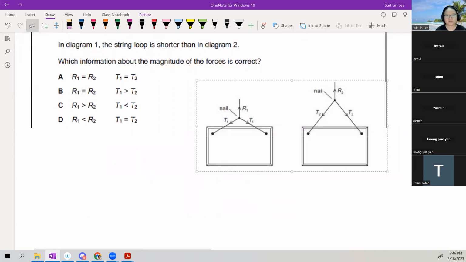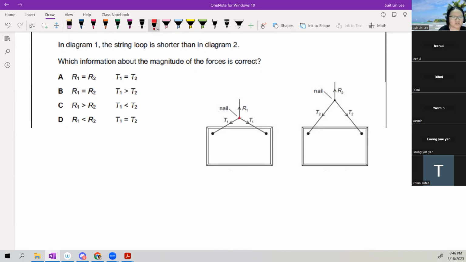Okay, same picture. So we have already considered the nail, or rather this point, as in equilibrium, but also the picture is in equilibrium. So if the picture is in equilibrium, there has to be a W here, right around the center of gravity, pulling it down.